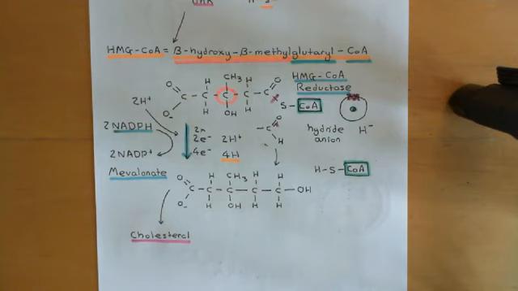So this reaction can occur in peripheral cells and also the liver cells. Okay, and it's catalyzed by this enzyme HMG CoA reductase. Now I just want to talk about the HMG CoA reductase enzyme in a little bit more detail because it is actually regulated by cholesterol levels within the cell.